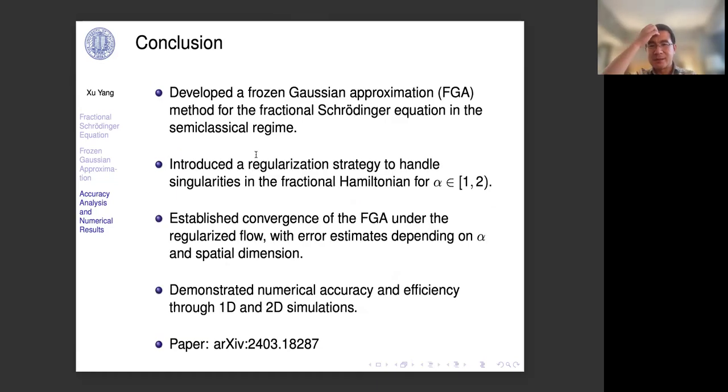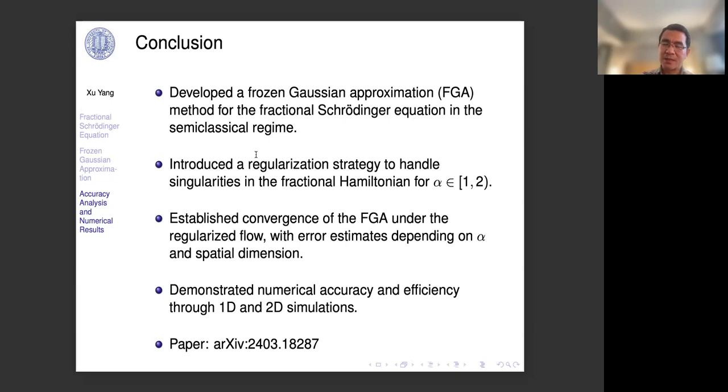Okay, so as a summary, we derived and analyzed a frozen Gaussian approximation for the fractional Schrödinger equation, and the derivation is essentially the same as for the standard Schrödinger equation. However, the main contribution is on the analysis. In order to analyze the accuracy of the frozen Gaussian approximation for the fractional Schrödinger equation, we have to do two things.